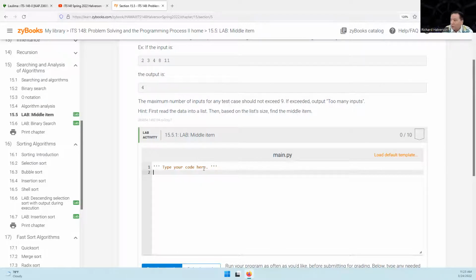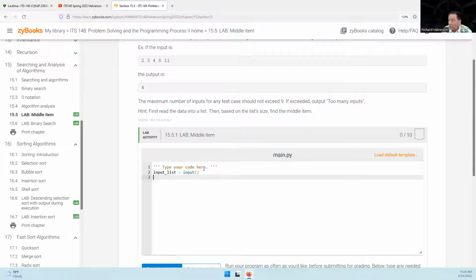So I'm just going to take a guess here. Input list equals input, whatever. And then I don't need to, it's a sorted list, so I don't even really need to look at the values.